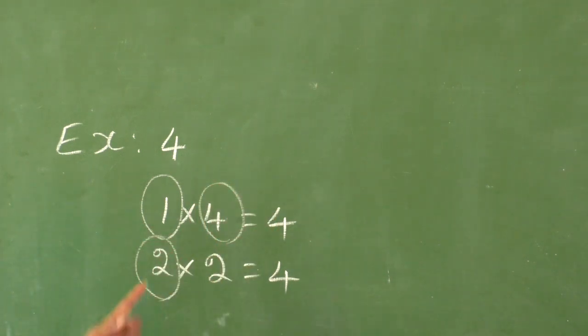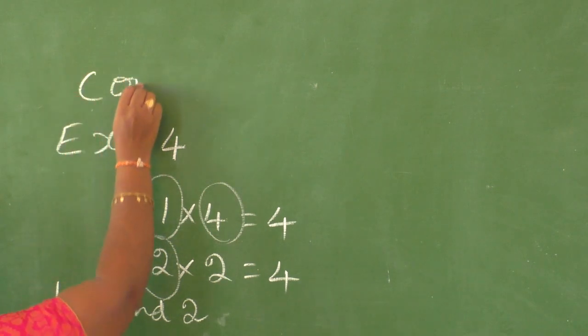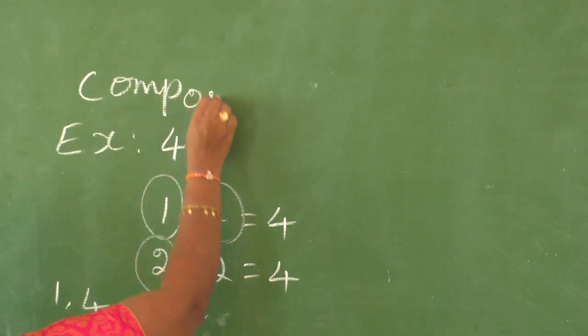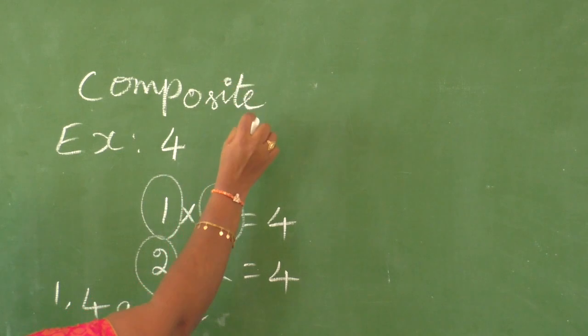So how many factors does it have? More than 2 factors. See, 1, 4 and 2. So that's why we call 4 a composite number.